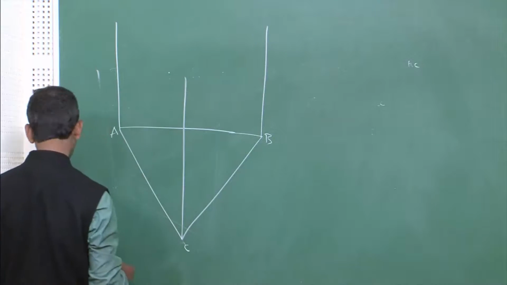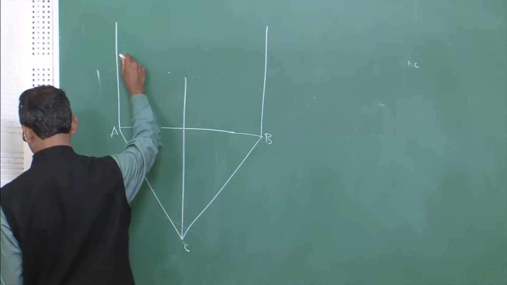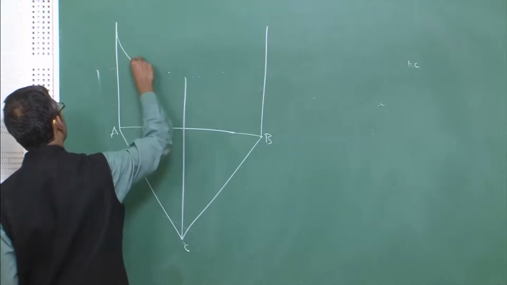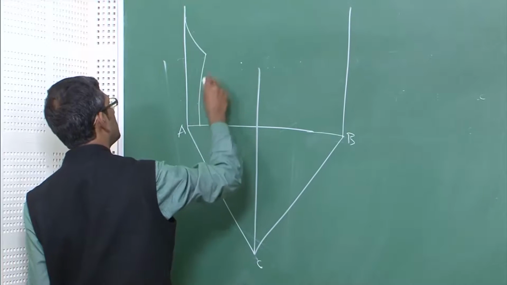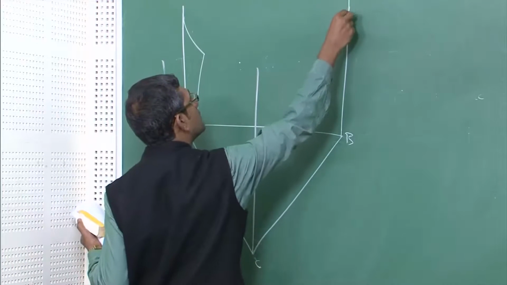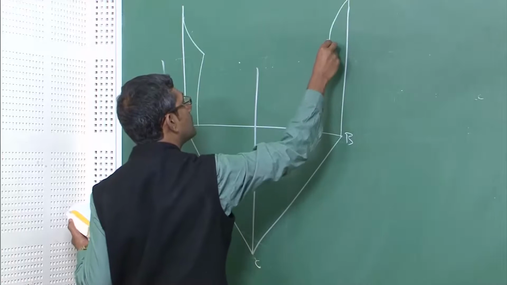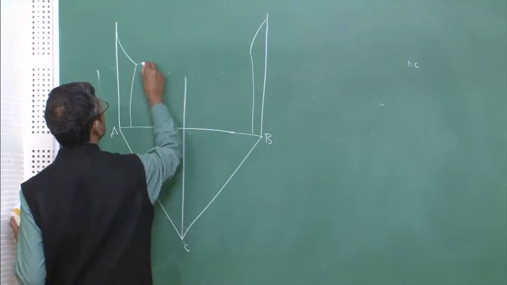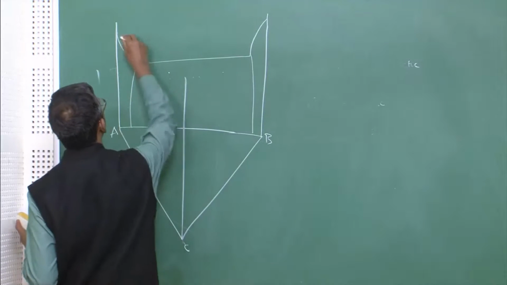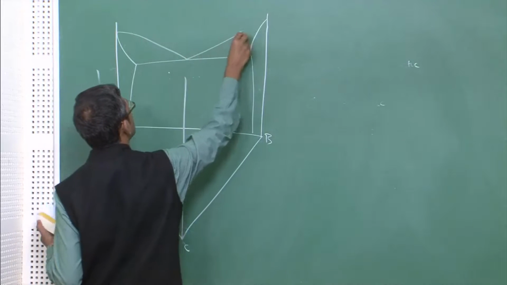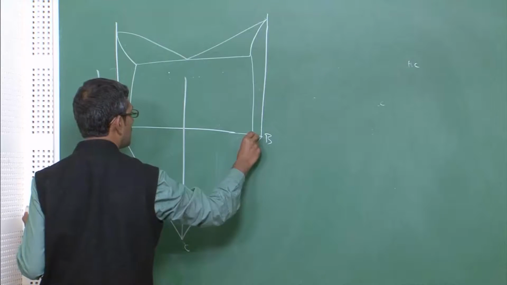So, the first eutectic is between A and B. Fine.